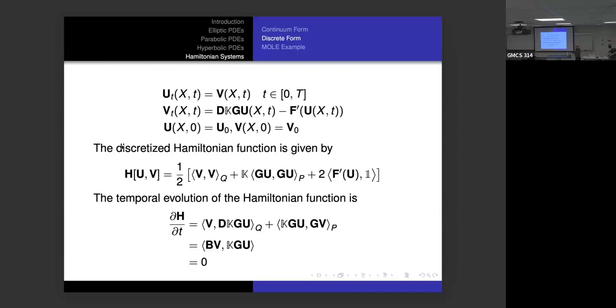And then we write the discretized Hamiltonian function, and it's written this way. Okay, we can see here the quadratures, the inner products that correspond to the mimetics. And then we look at the temporal evolution of the Hamiltonian, take the derivative with respect to time, and we exactly get zero. Okay? That means the mimetic operators in space conserve it.